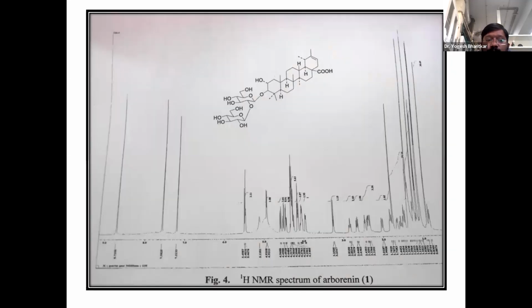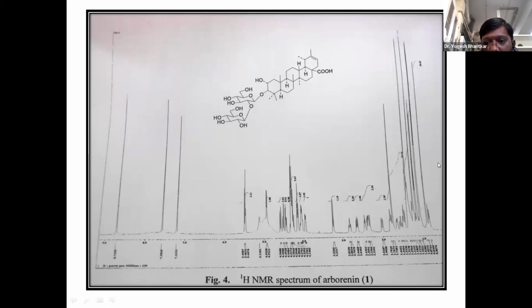This is the proton NMR we did in pyridine. For saponin and triterpene steroid molecules, NMR has to be done specifically in pyridine to avoid overlapping of the molecule signals. See, this is the pyridine peak present in the spectra, and this is the saponin peak, so it is distinguishable.